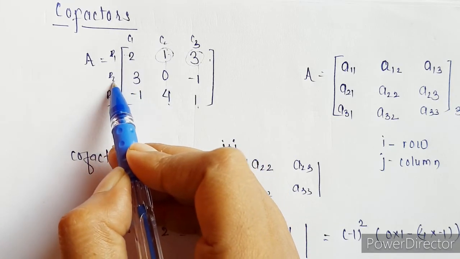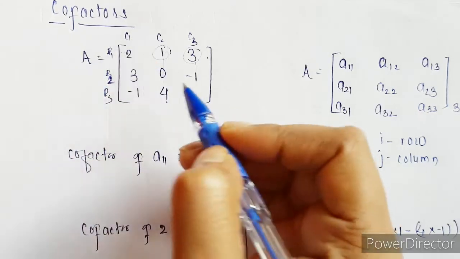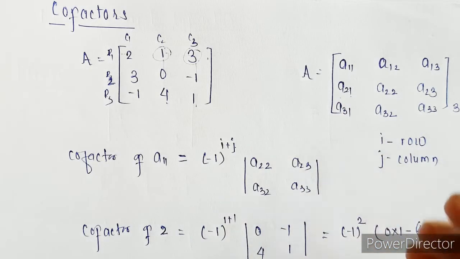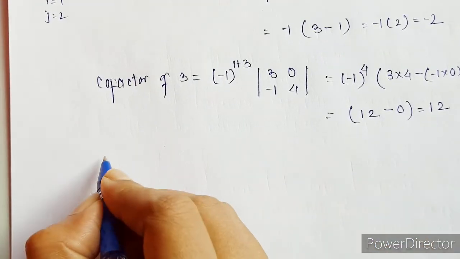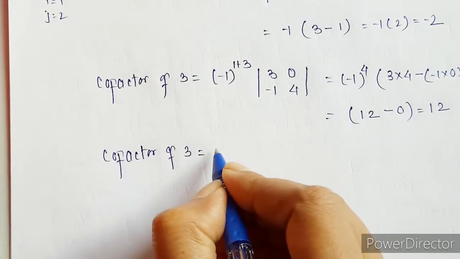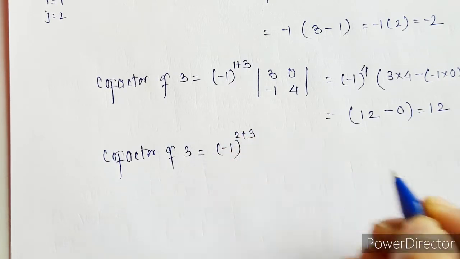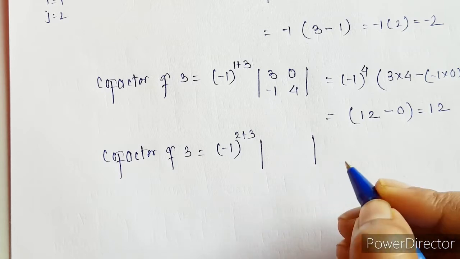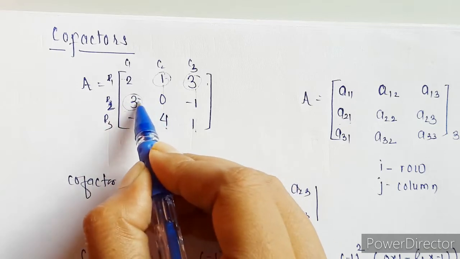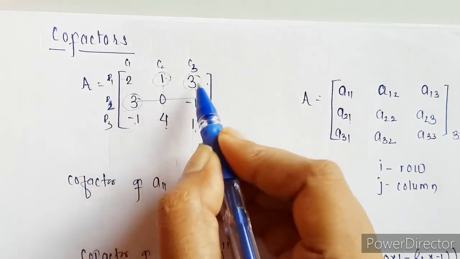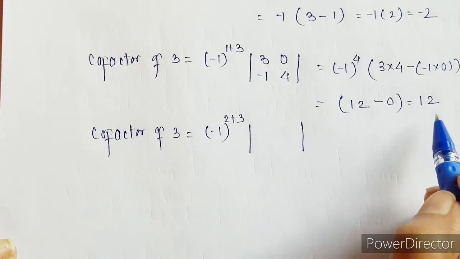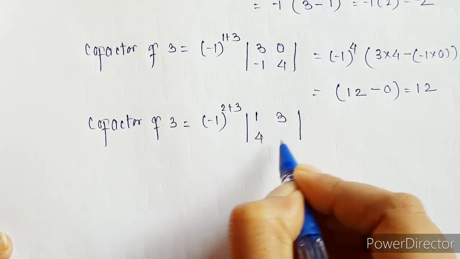So i in this case is 2 and j is 1. The cofactor of 3 will be minus 1 raised to power 2 plus 1. Since we are talking about this 3, delete the same row, same column and take the remaining terms: 1, 3, 4, 1.